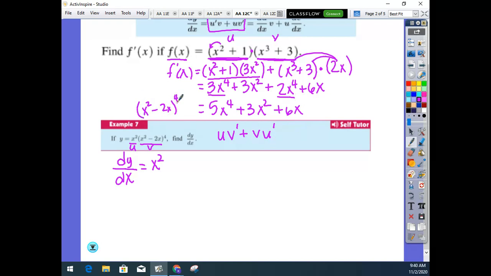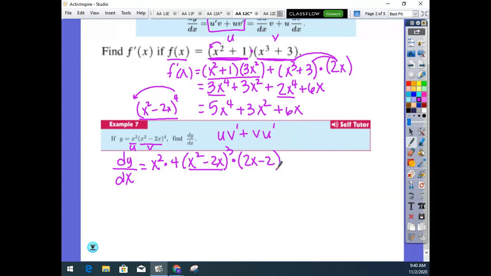So when I do the derivative of this, I have to do the power first. 4 times the inside is now raised to the 3rd. Then I'm going to chain on the derivative of the inside, which is 2x minus 2.